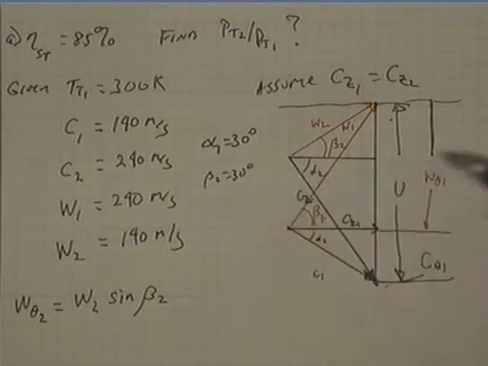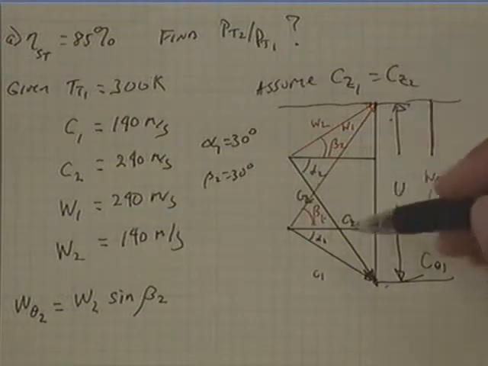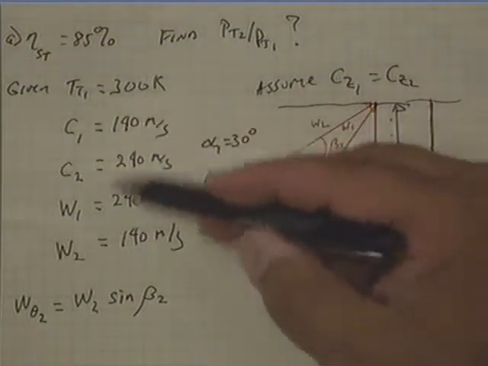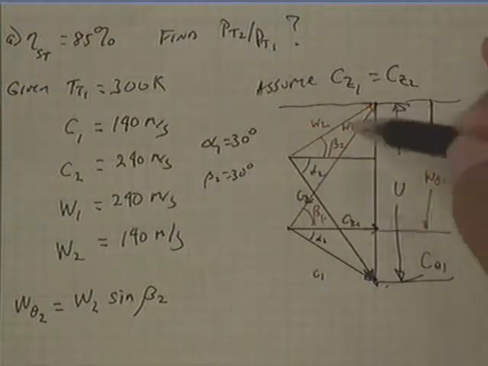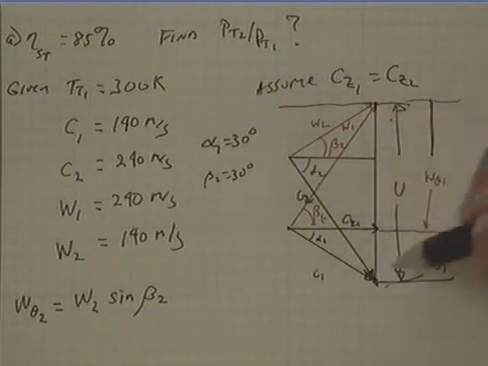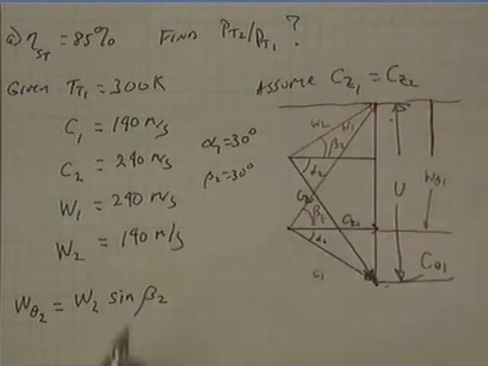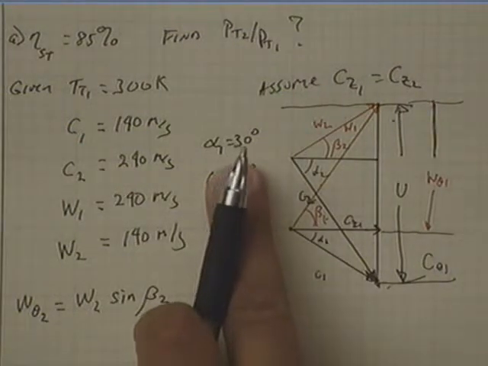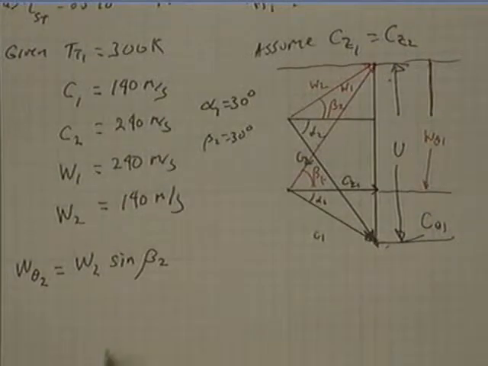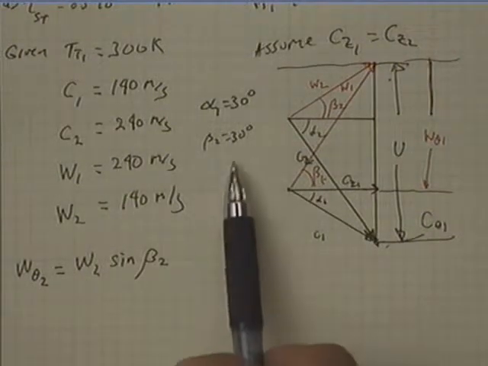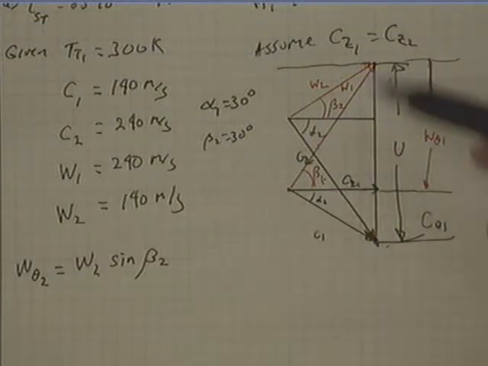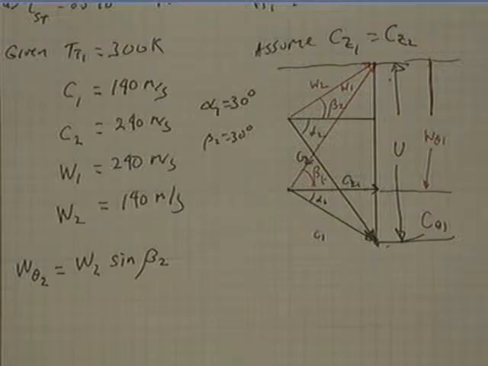So if you're given this, and you're given these velocities that result in symmetric velocity triangles, you should be able to work that out. On an exam, if you're just given alpha 1, and you're trying to calculate W theta 2, and you need beta 2, you actually know beta 2 just by looking at the triangles, and this is what I meant by getting comfortable with working with these triangles.